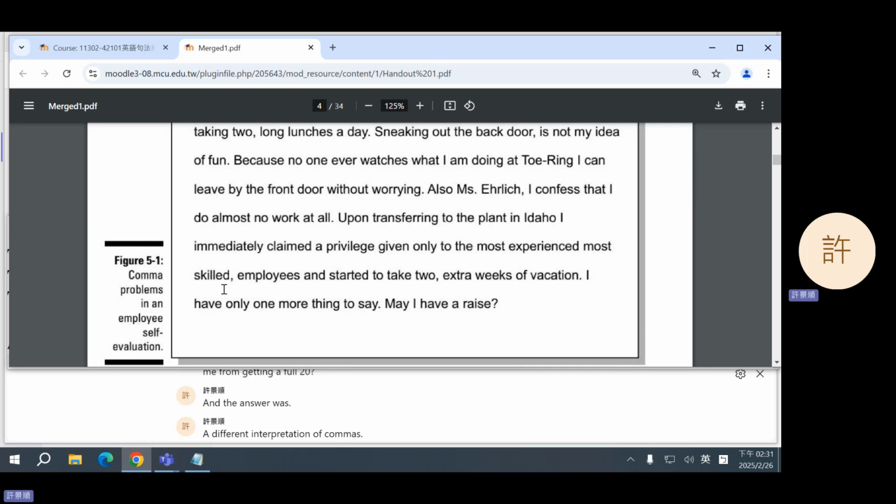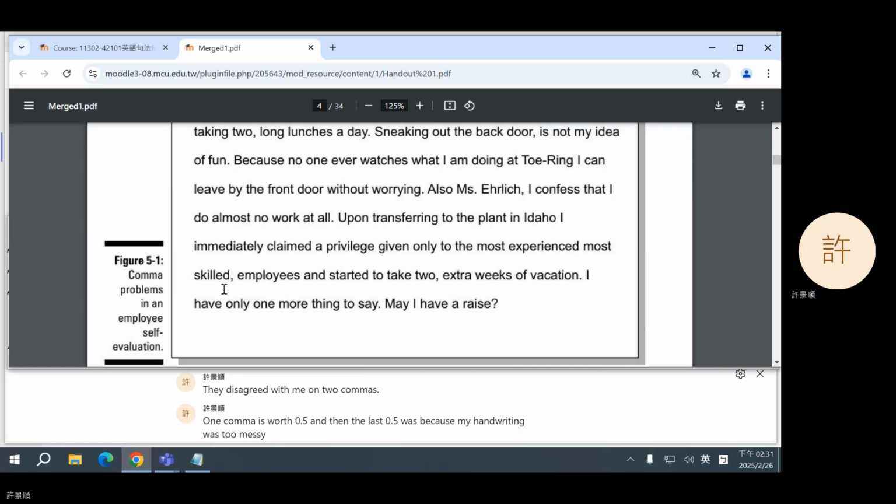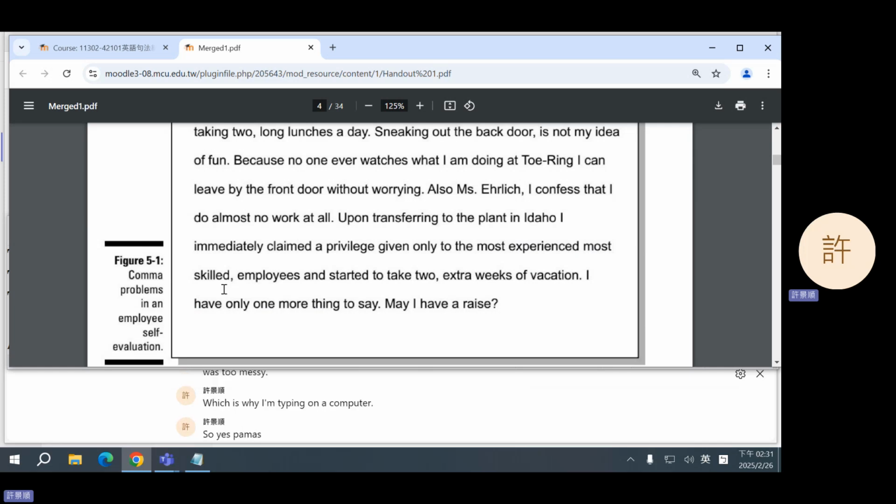They disagreed with me on 2 commas. 1 comma is worth 0.5. And then the last 0.5 was because my handwriting was too messy, which is why I'm typing on a computer. So yes, commas are something I feel deeply passionate about. They prevented me from getting full scores.